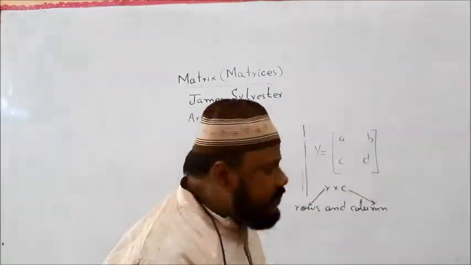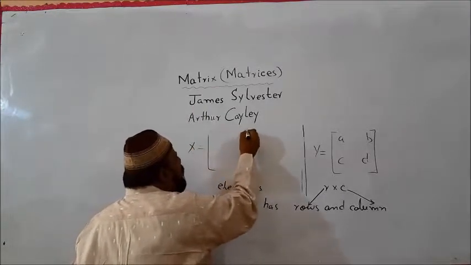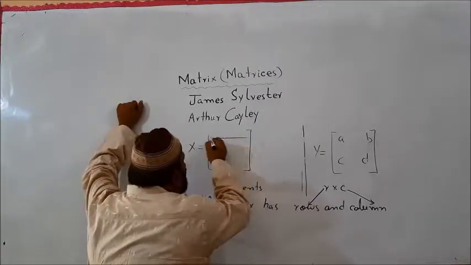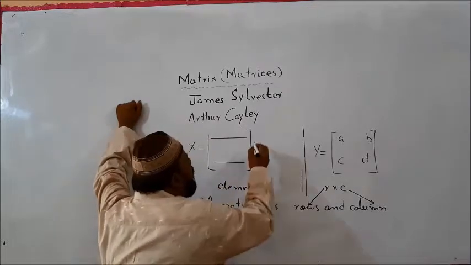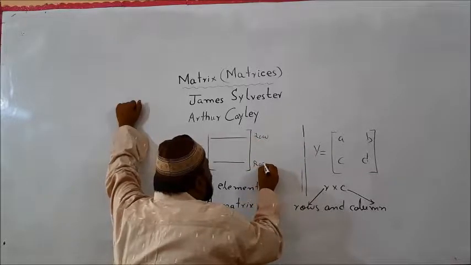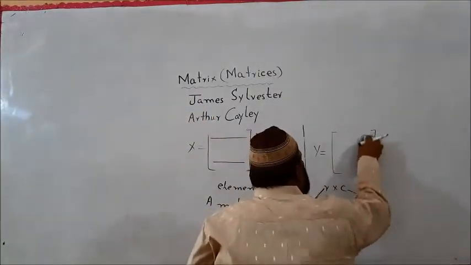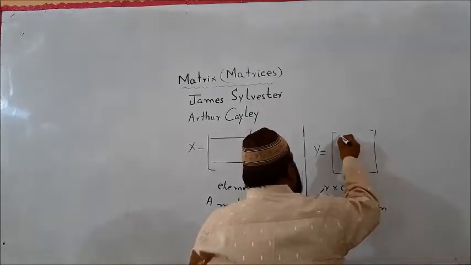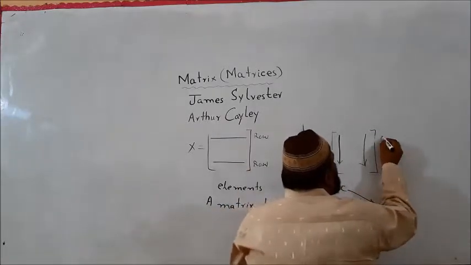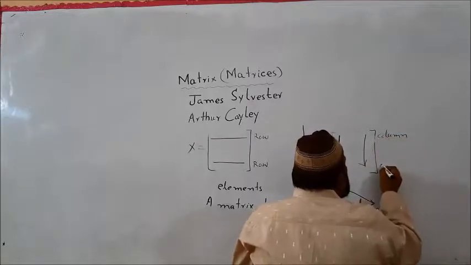For example, X matrix here. This and this are rows. And in the same way, this column and this column.